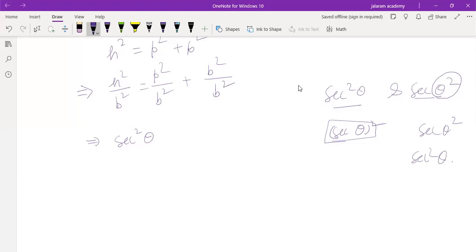So always remember, this is also the most confusing term.